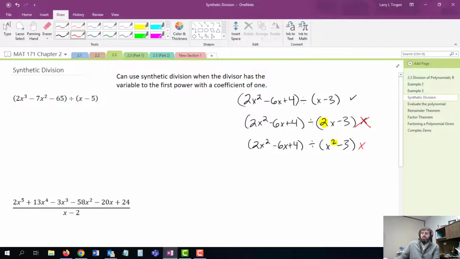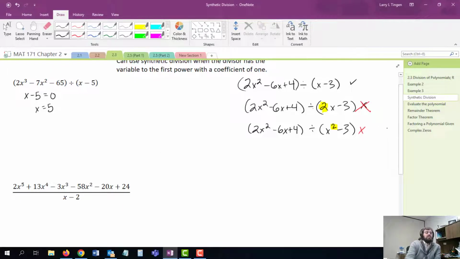To set the problem up, you solve your divisor. You determine what value for x would make the divisor equal 0. So step 1, x minus 5 is equal to 0, leads me to x is 5. All right?